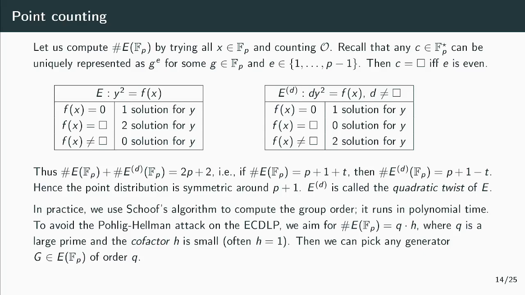Then we can select any generator of order q and publish it along with the curve, so that it can be used as a basis for the DLP. Namely, if the curve and the generator G are both public, and someone generates a private key k and computes the multiplication k times G, recovering k is the hard problem on which we can build cryptographic protocols.